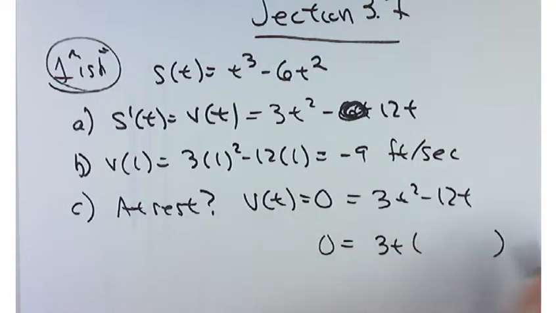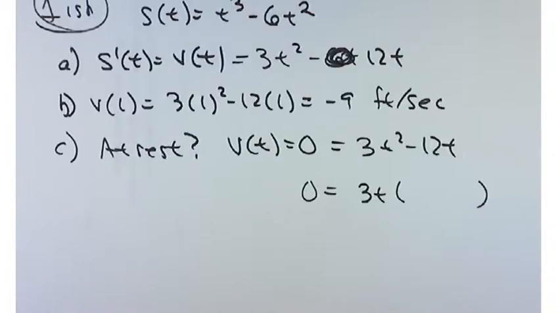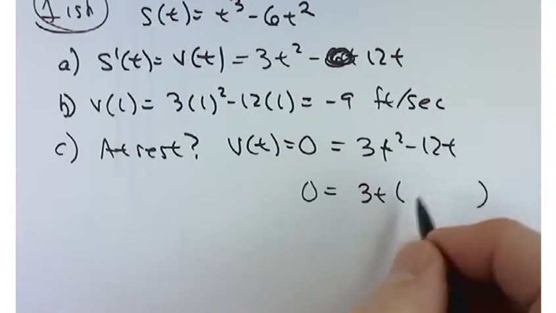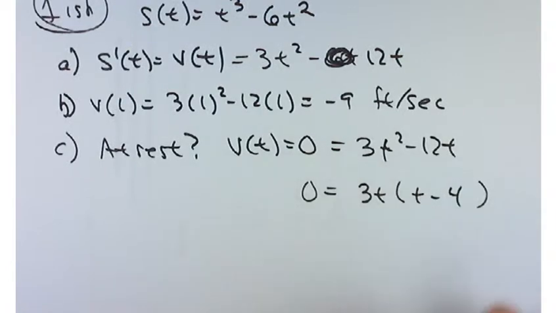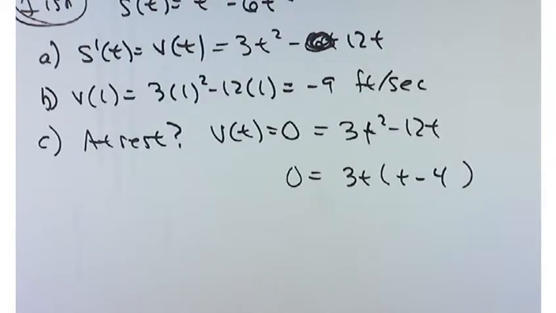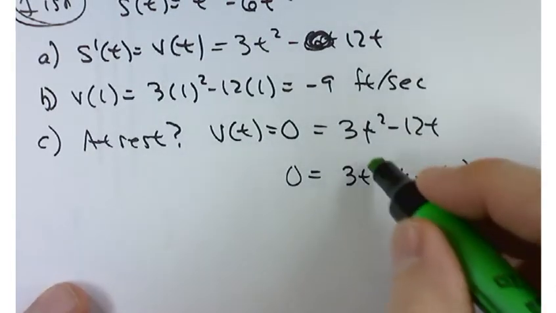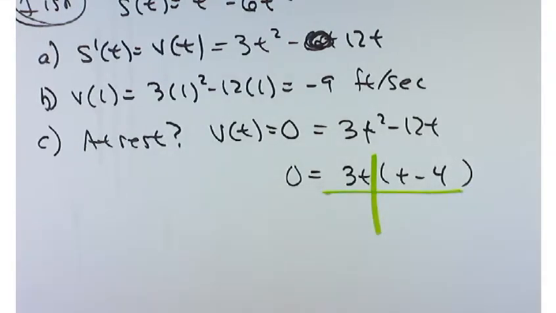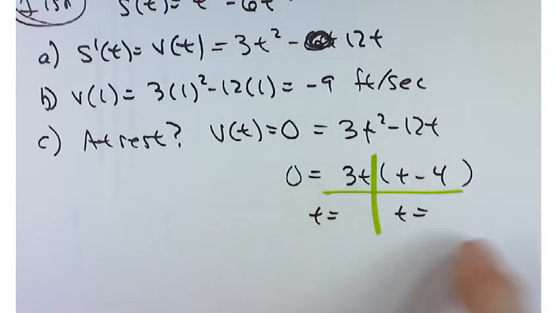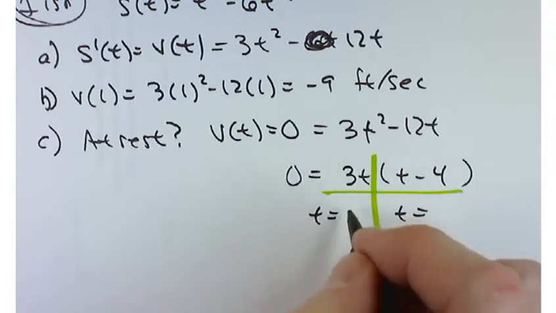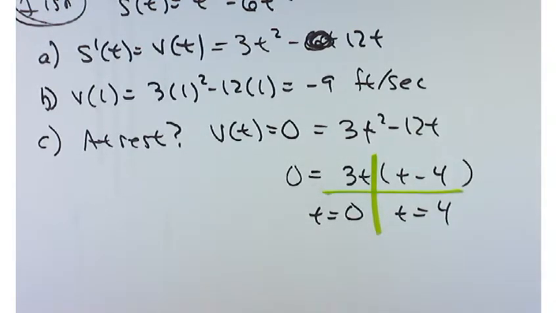You could pull out the quadratic formula. That's like squirrel hunting with a bazooka, but it'd work. Factor out the 3t, that leaves behind t minus 4, and hopefully you can look at this and just know what makes v equal 0, at what values of t. So what are our solutions here? 0 and 4. Nice.